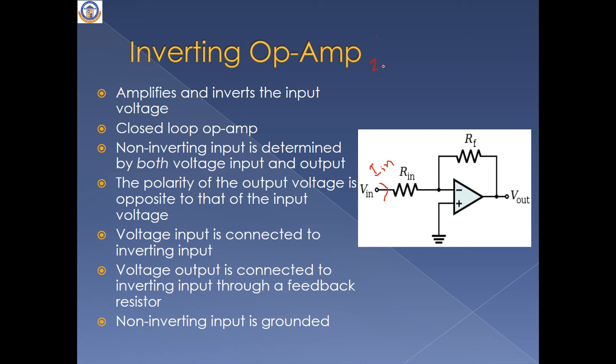Generally impedance can be calculated as V in divided by I in. So I in is nothing but V in divided by the resistance R in.